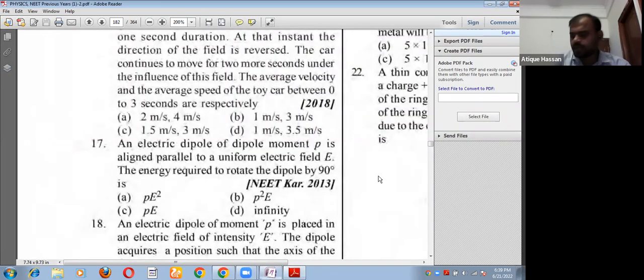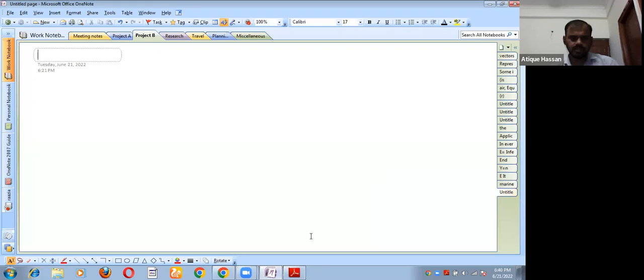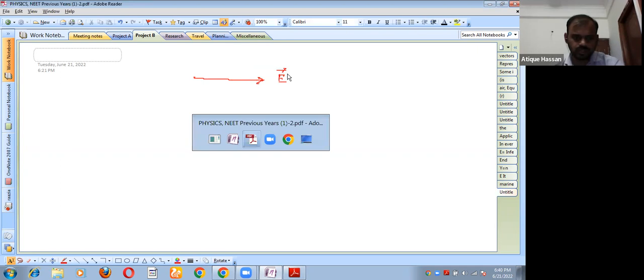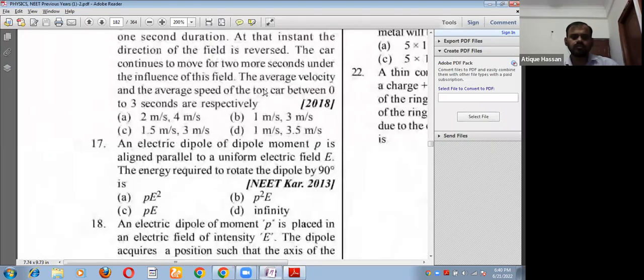An electric dipole of dipole moment P is aligned parallel to a uniform electric field. So first we will understand what this question is saying. Suppose we have electric field E like this.